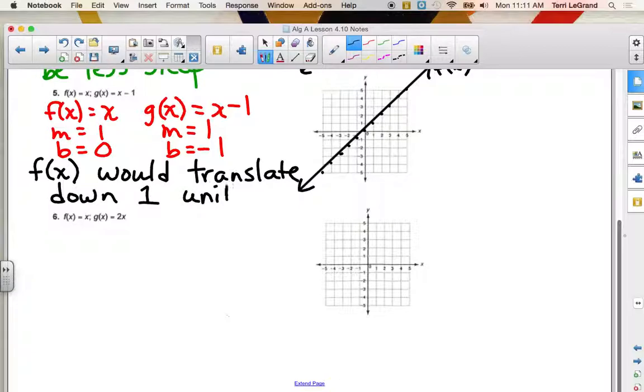Because the y-intercept changed from 0 to -1, so the whole line should move down 1 unit, right? Is anything else going to happen? Any other changes? Does the slope change? When the y-intercept changes, that's what makes the translation happen. Does the slope change? No. No, so we probably won't rotate, so let's check it out and see what happens.